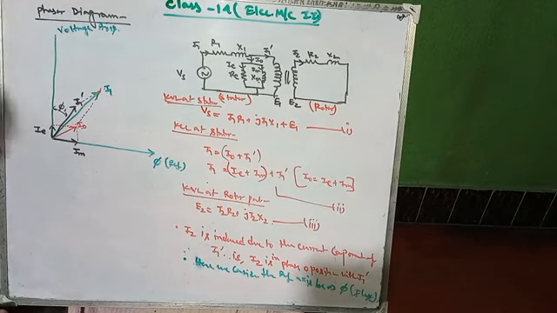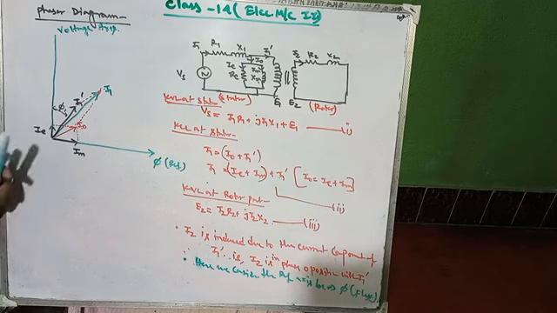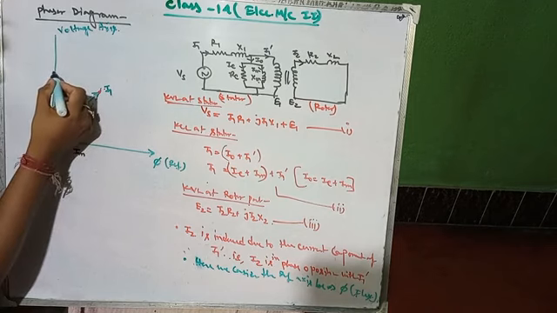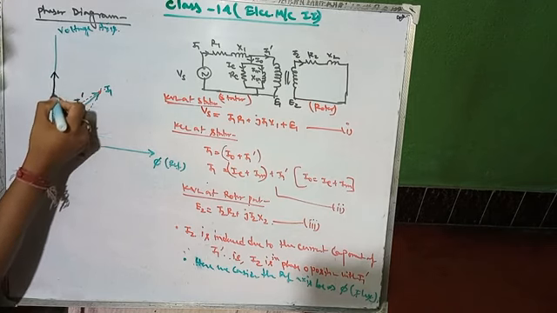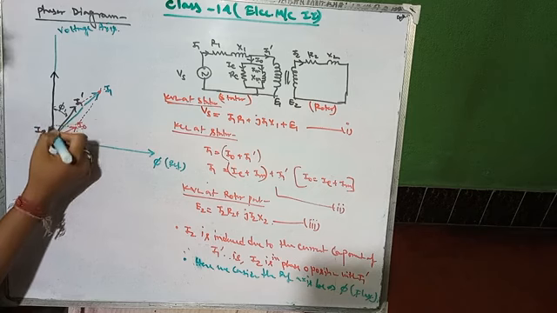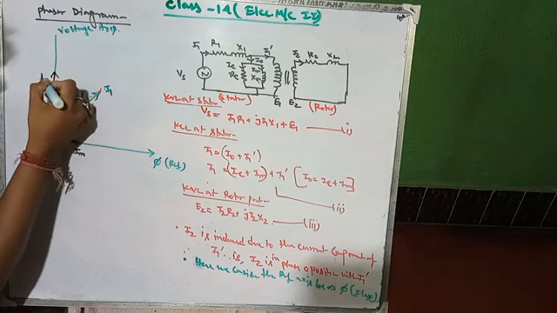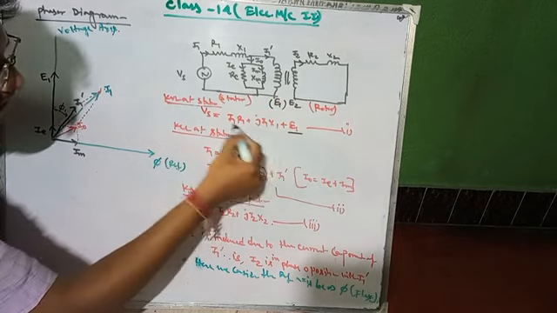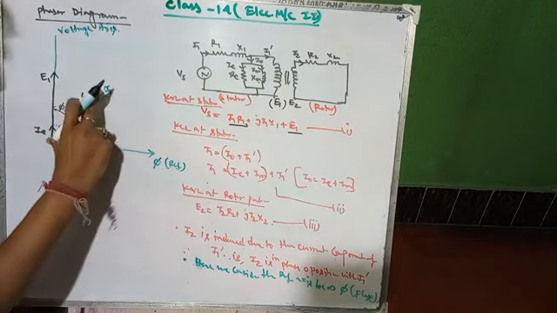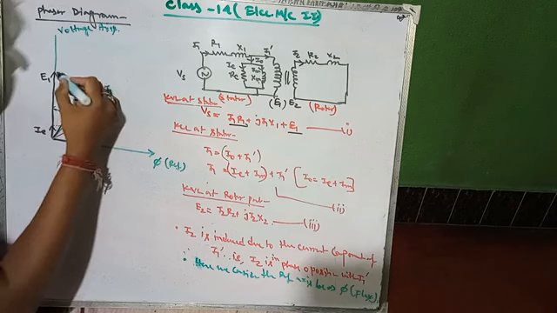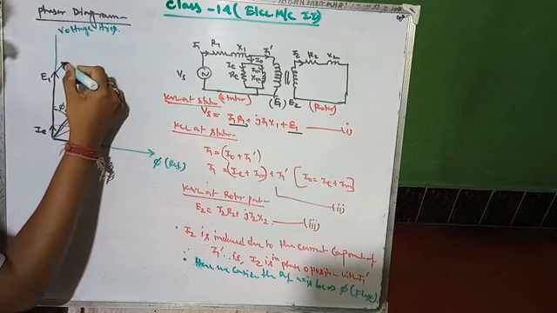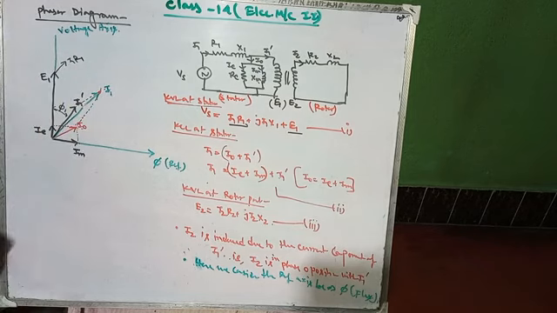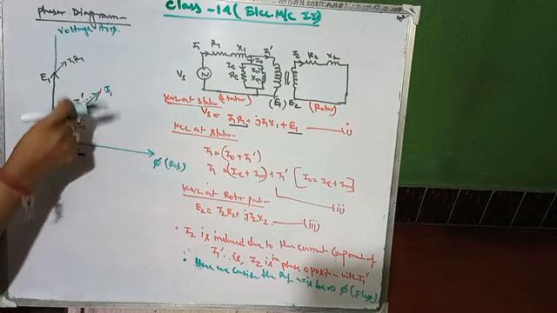Now you have to draw E1. Let us consider E1 within this voltage axis; suppose we are taking this one as E1, that is this EMF. Now this E1 is added with I1 R1. I1 is in phase, so I1 R1 will be parallel to it.